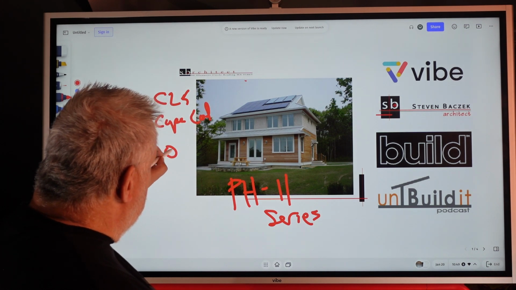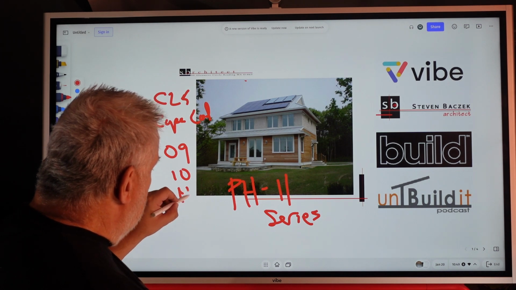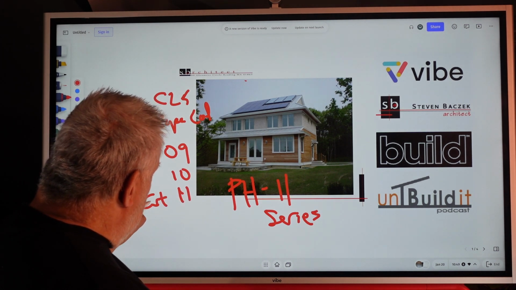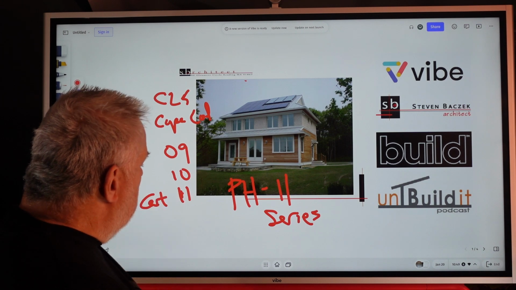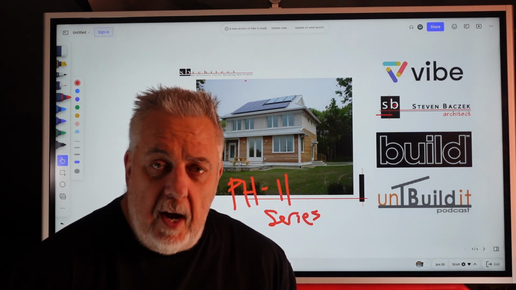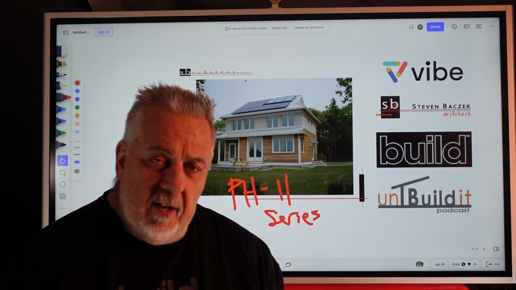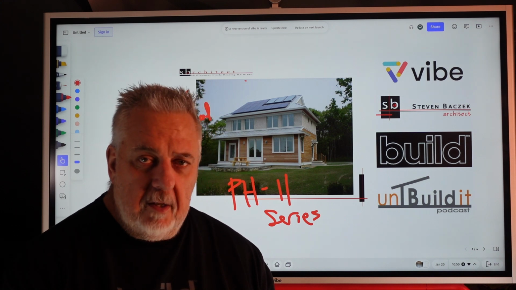It was designed in '09, constructed in 2010, and certified in 2011. So yeah, that house I designed 14 years ago. But there are details that I'm still using today.